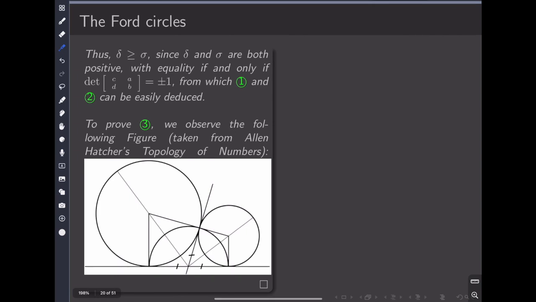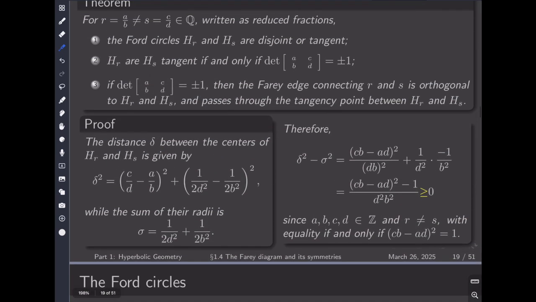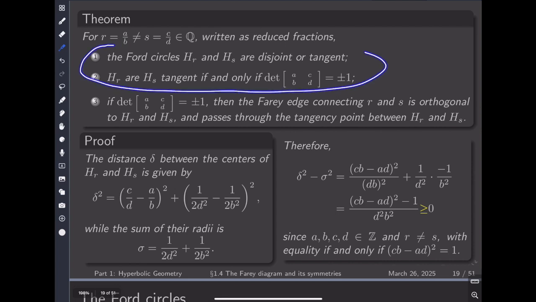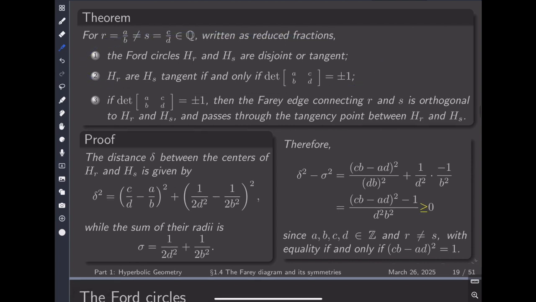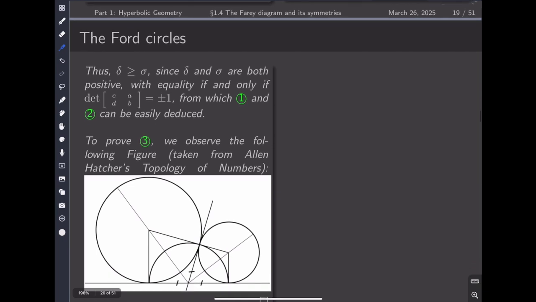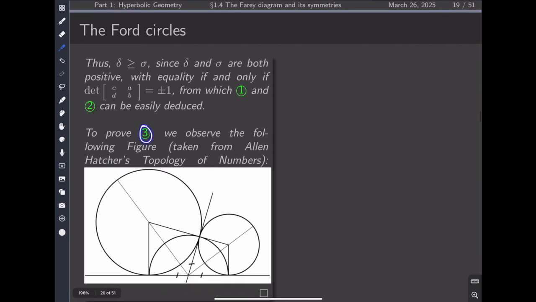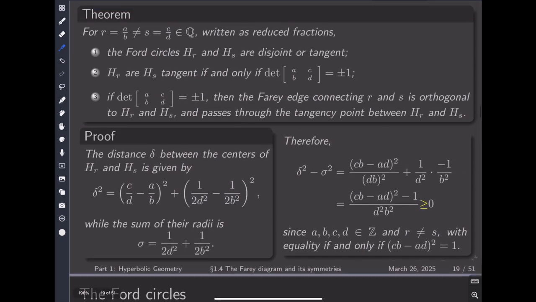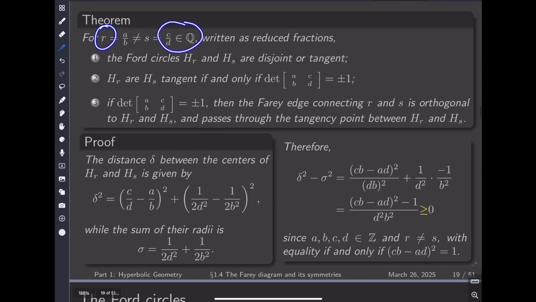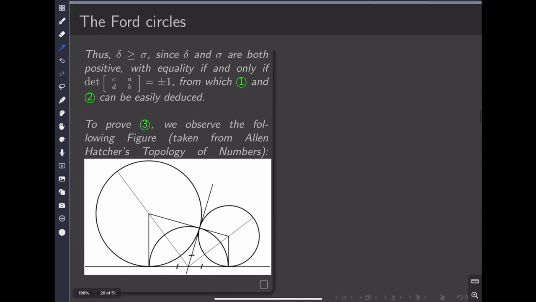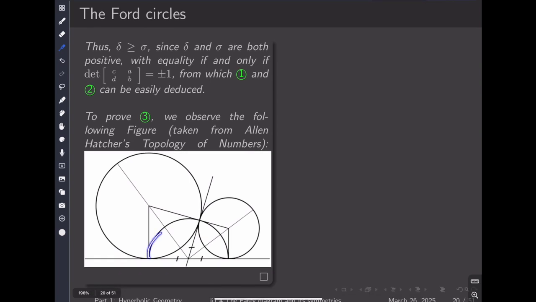Just for the third one, let's assume that we already proved 1 and 2, and let's see the third one. So to prove 3, we assume that our two given rational numbers are Farey adjacent, so that there is a Farey edge. And then at this point, we have also proved that their Ford circles are tangent.